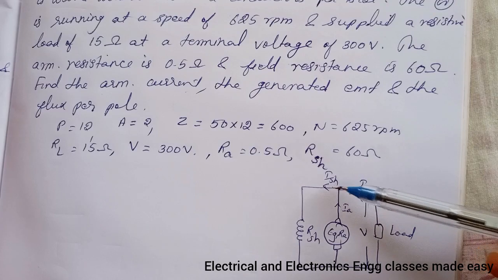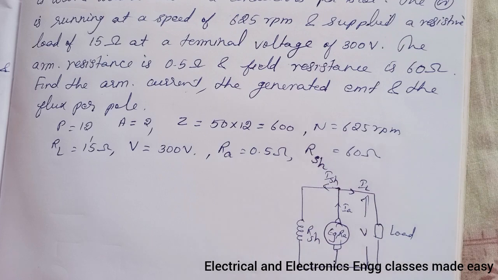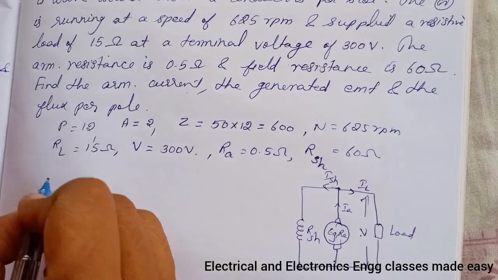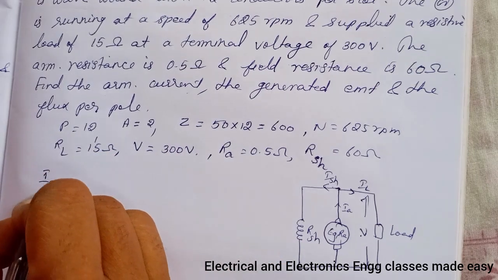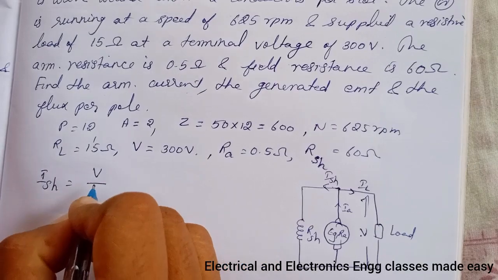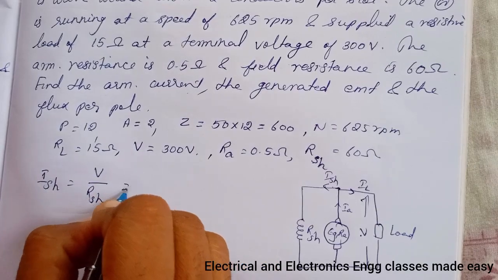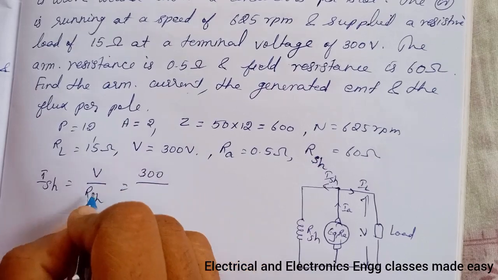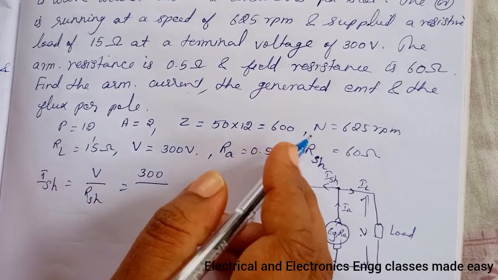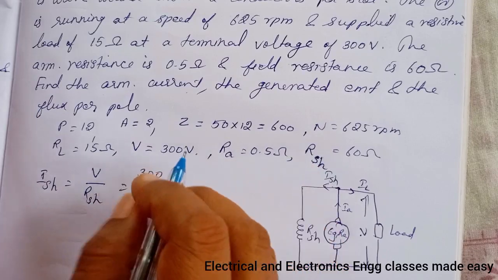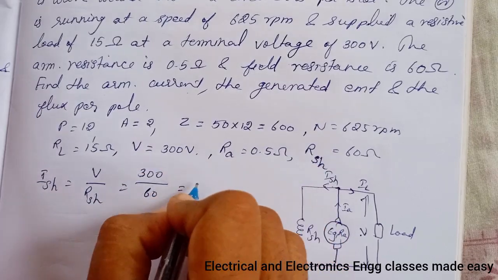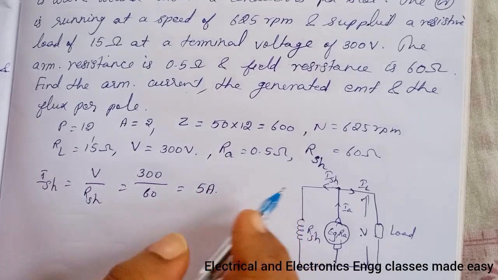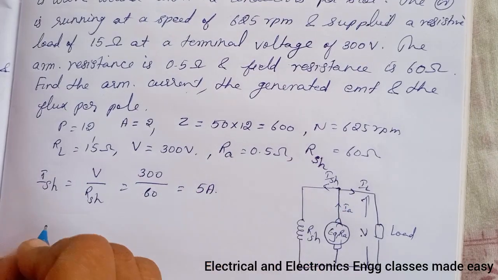So we have to find ISH and IL. From here we can find ISH, that is the field current ISH is equal to terminal voltage V divided by RSH. V is 300 divided by RSH, which is 60. So we get 5 ampere. Then we have to find IL, that is the load current.